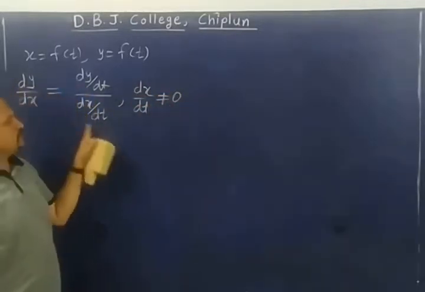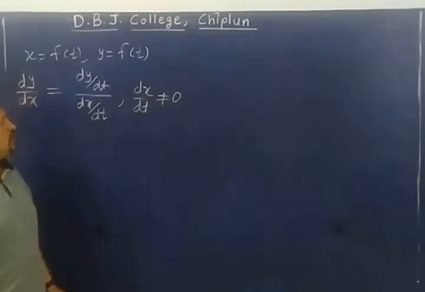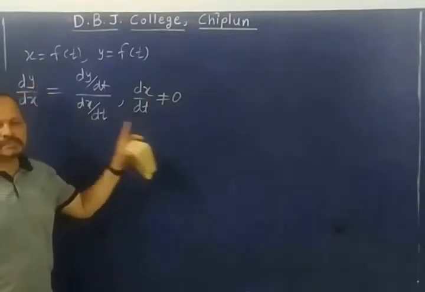This denominator dx by dt should not be 0. Only in that case this dy by dx exists.